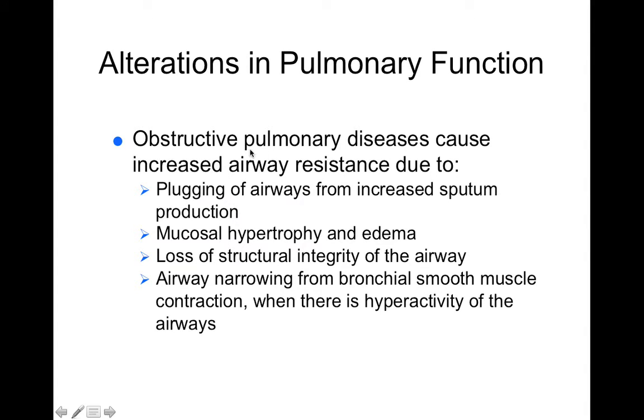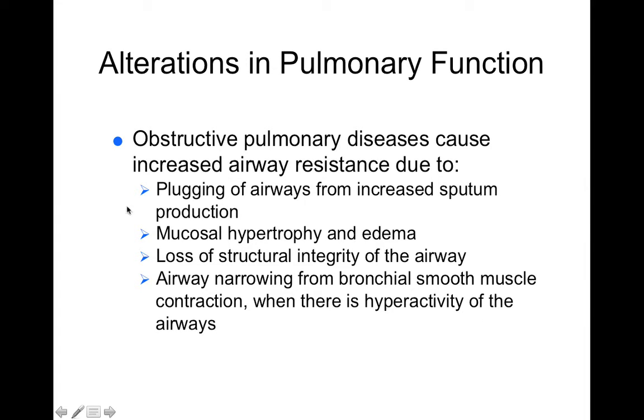So obstructive pulmonary diseases are going to be things that cause an increase in airway resistance. So things like foreign bodies that might plug airways, mucosal hypertrophy or thickening of the airway membrane, loss of structural integrity of the airway, or even narrowing due to increased bronchial smooth muscle contraction, where there might be hyperactivity of that muscle.